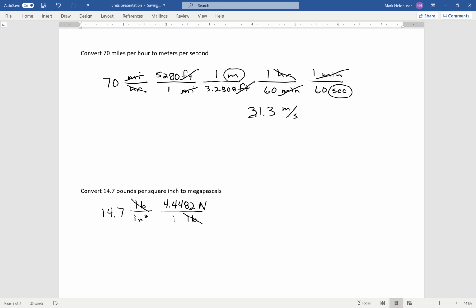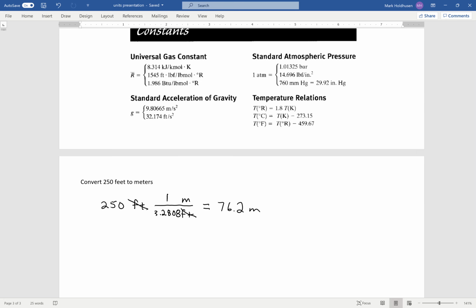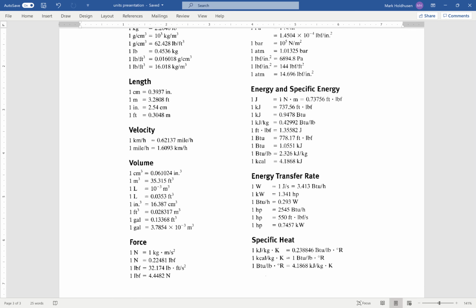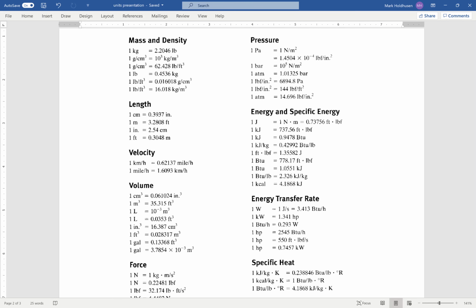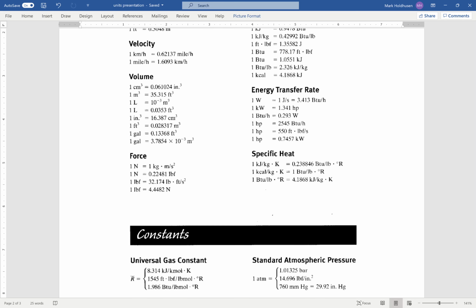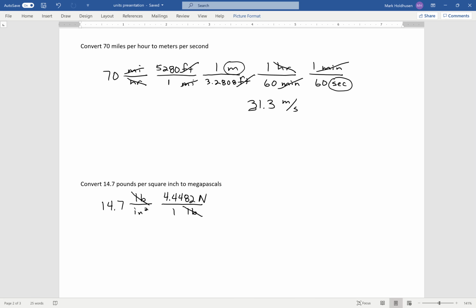Now I have newtons per square inch. Now I want to convert from inches into meters. Okay. So I come up here and I have inches into centimeters. So we'll do that. We'll go 1 inch equals 2.54 centimeters.